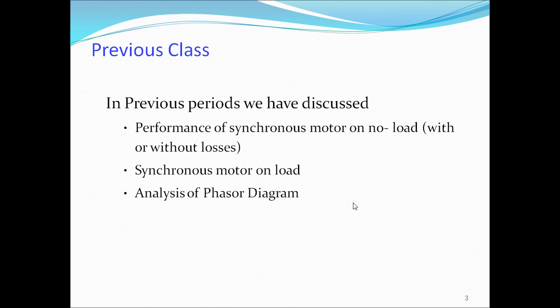Equal and opposite means V minus EB is 0, that is, voltage across armature is 0. When voltage across armature is 0, the armature current is 0. That means the motor is not drawing any extra current from the supply, because it is not supplying any load or any losses. This is called the floating condition of the motor.